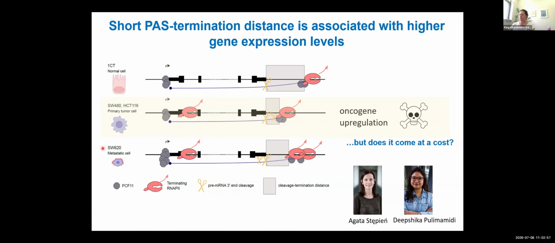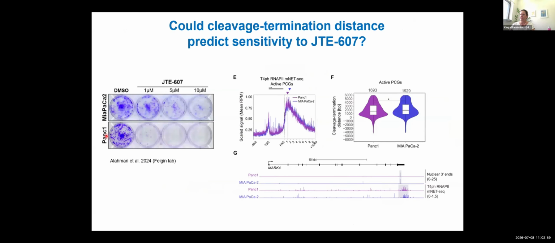So to test this hypothesis, we decided to look at a very different system, pancreatic cells that were studied in the Fengin lab, which showed that the cell line MIA PaCa-2 was relatively resistant to GTE, whereas PANC-1 was very sensitive. So we also performed NGS, both 3'RNA-seq and threonine-4 mNET-seq, on those cell lines.